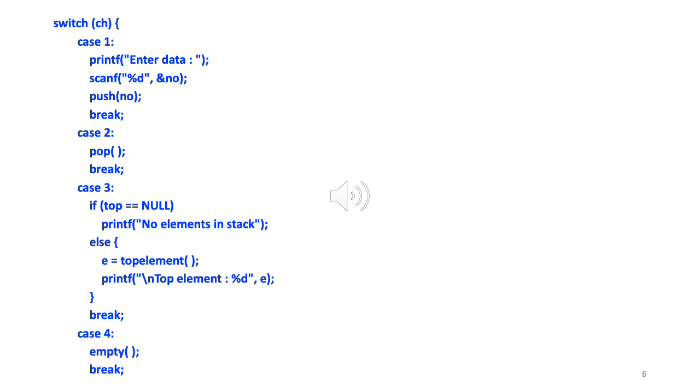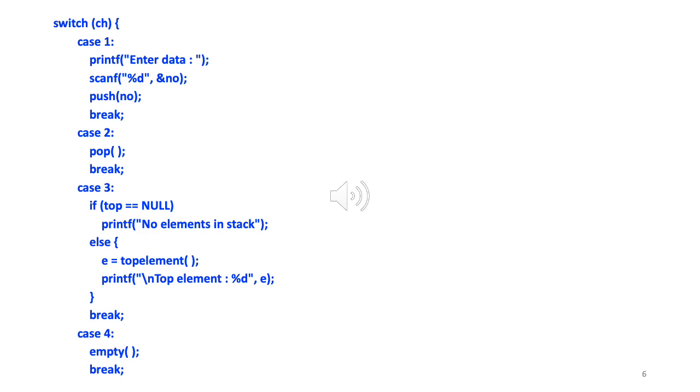Why? Because if you recall, by default, while a case is being executed in a switch, in the absence of a break, the execution automatically falls through to the next case.